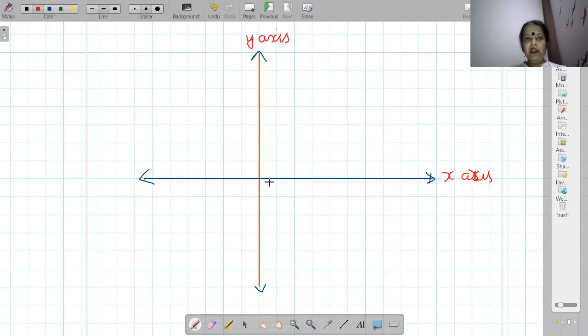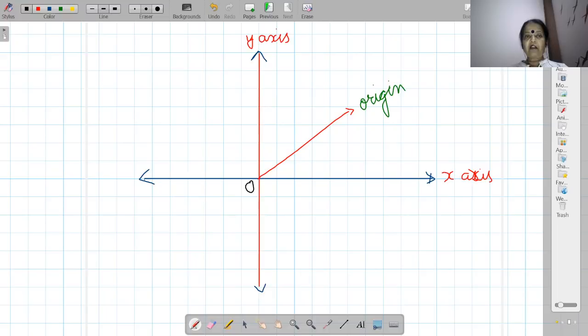And you can see there is a point of intersection of these two lines, horizontal line and vertical line. They meet at some point. The point of intersection of these two lines is called origin. And normally we write this origin with the symbol 0 or O.